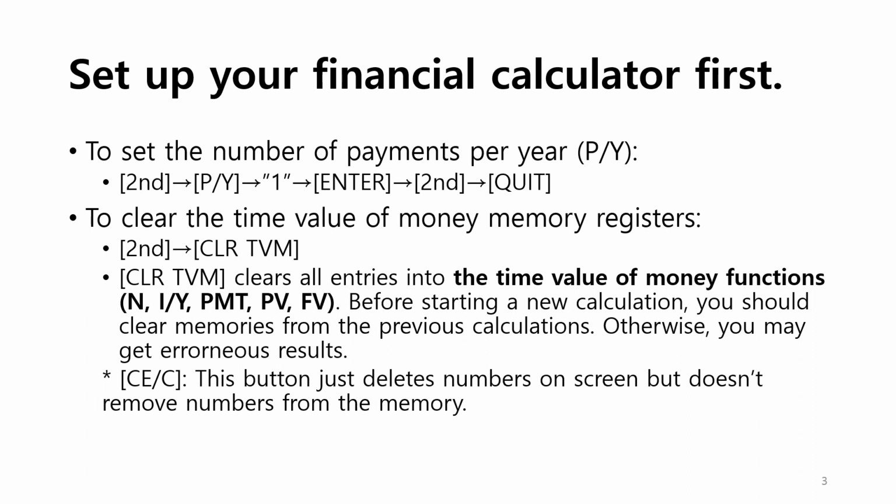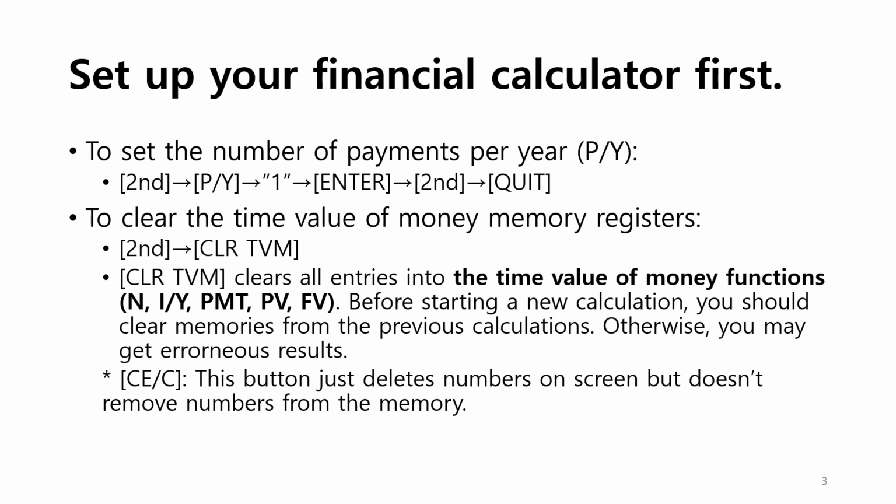That means payment is made once a year. So how do you set the number of payments per year? First, press the second button, then press P over Y, and then press 1. Then press enter, press the second key, and press quit.